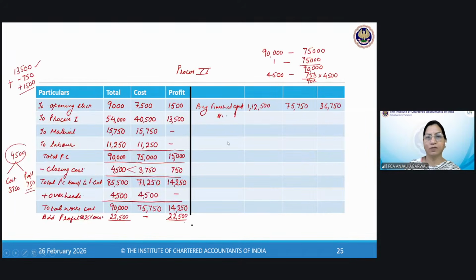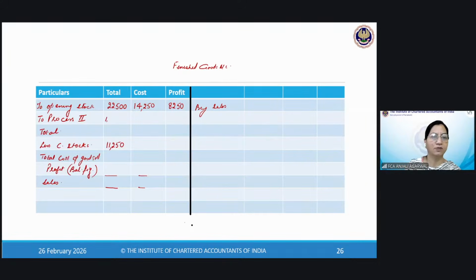Now something is coming from process 2, 1,12,500 worth of goods, which has a cost of 75,750 and which already has the profits of process 1 and 2, 36,750. 1,12,500 plus 22,500 is 1,35,000, which has a cost of 75,750 plus 14,250.